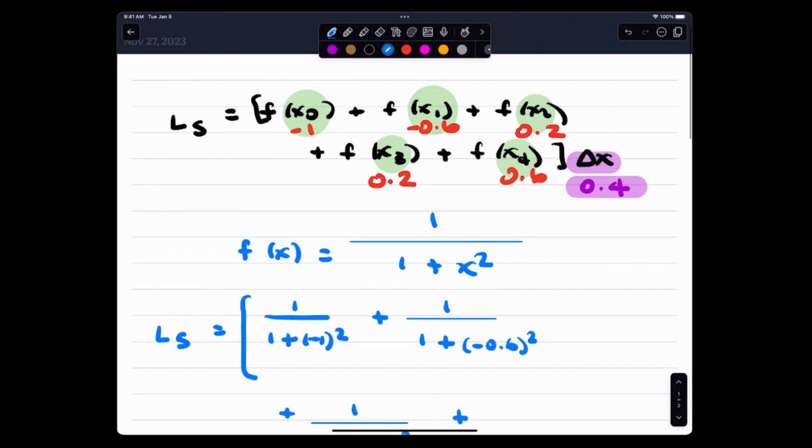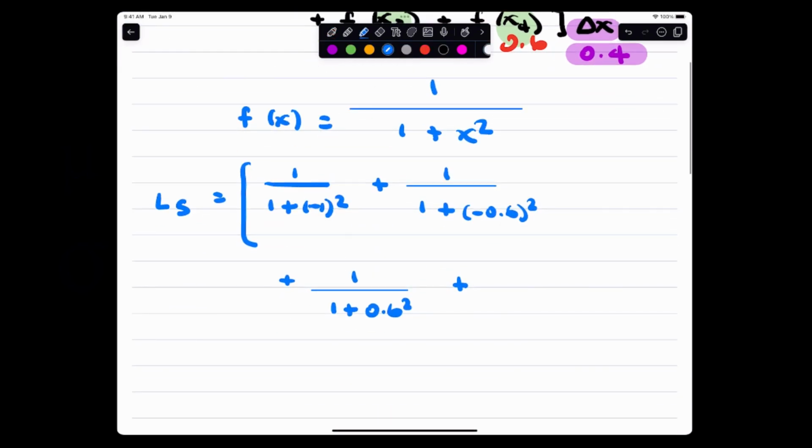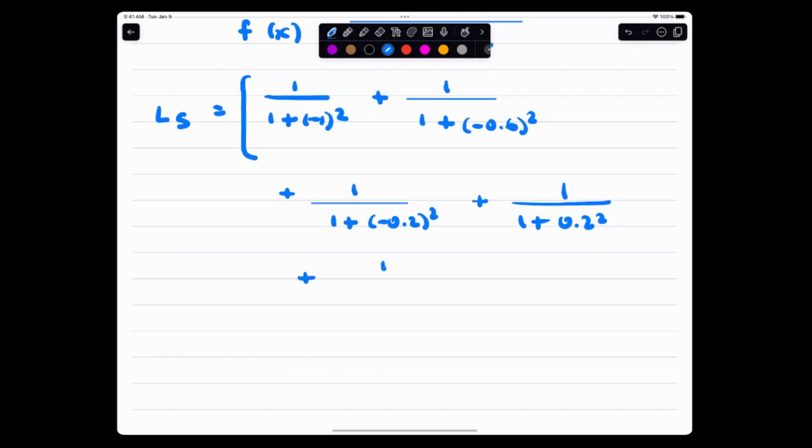I'm sorry, that's negative. One over 1 plus 0.2 squared, I think, and then 1 over 1 plus what? 1 squared. What's the delta X? 0.4. There it is. So these are all my what? Input values here.